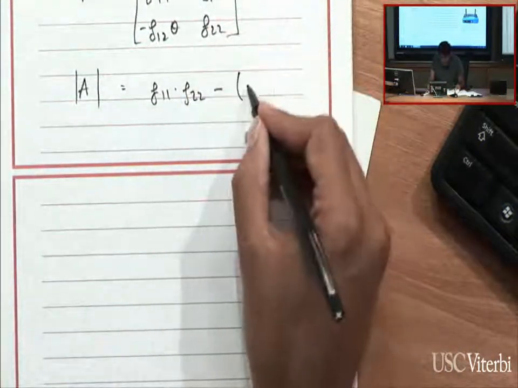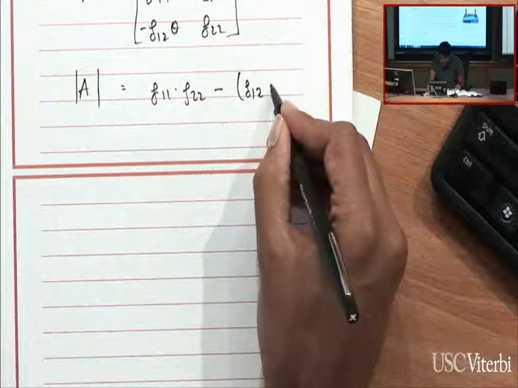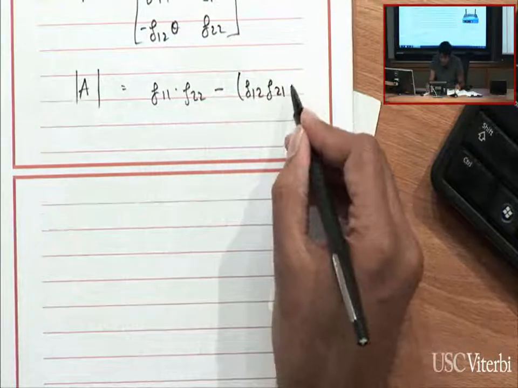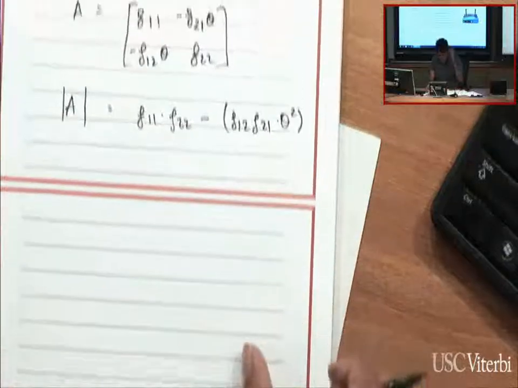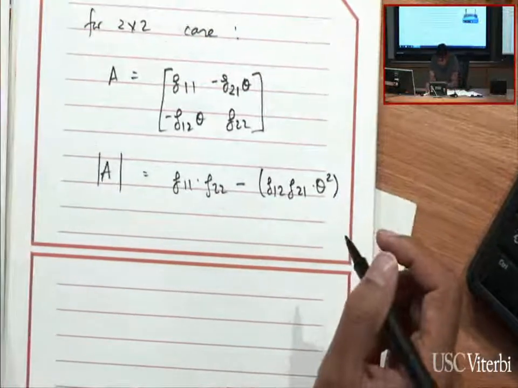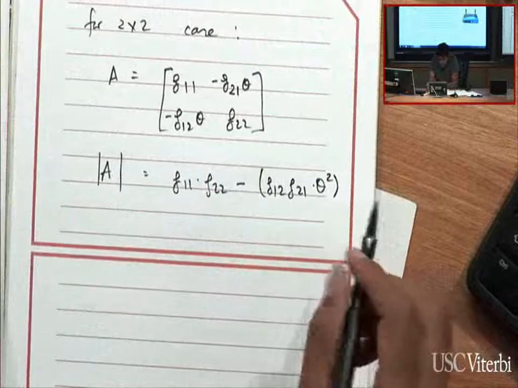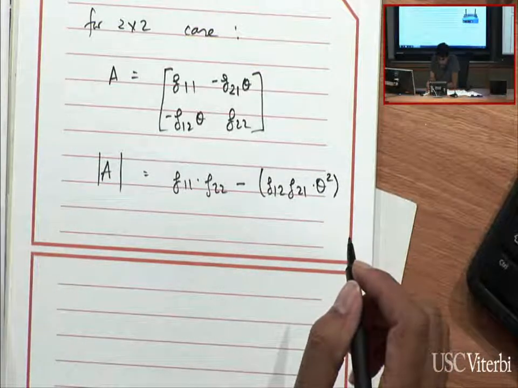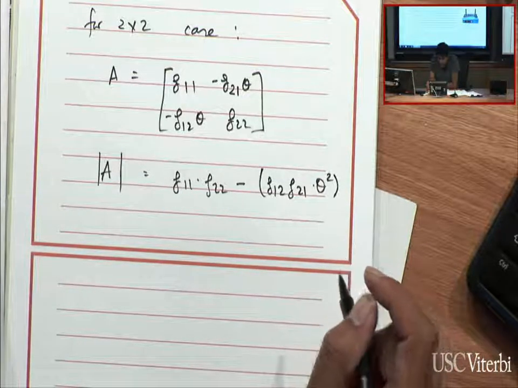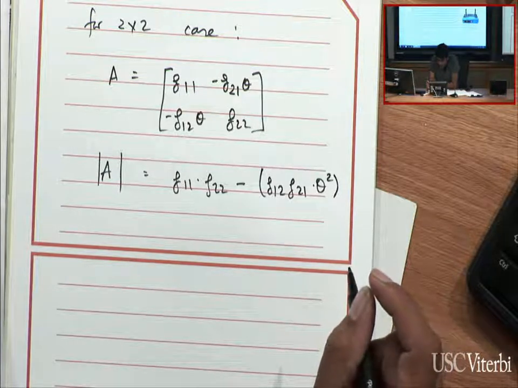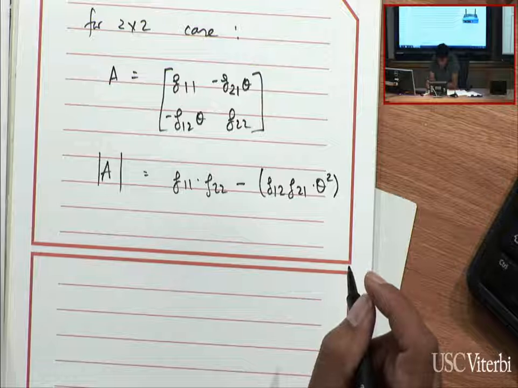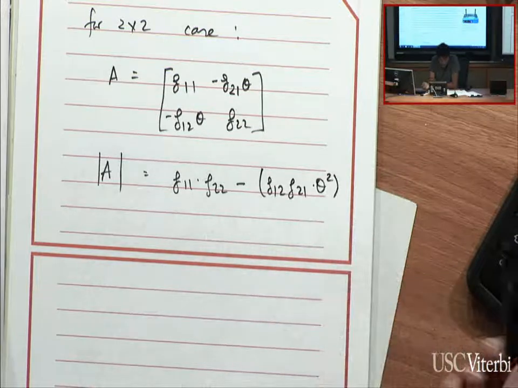The product of these two, minus G12 times G21 times theta squared. Okay. So we would want this determinant to be positive, right? We also have the condition that we don't want the powers to be negative.